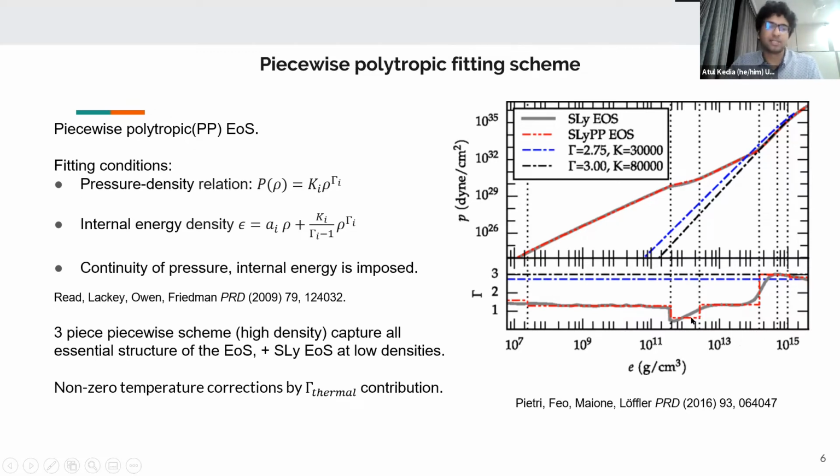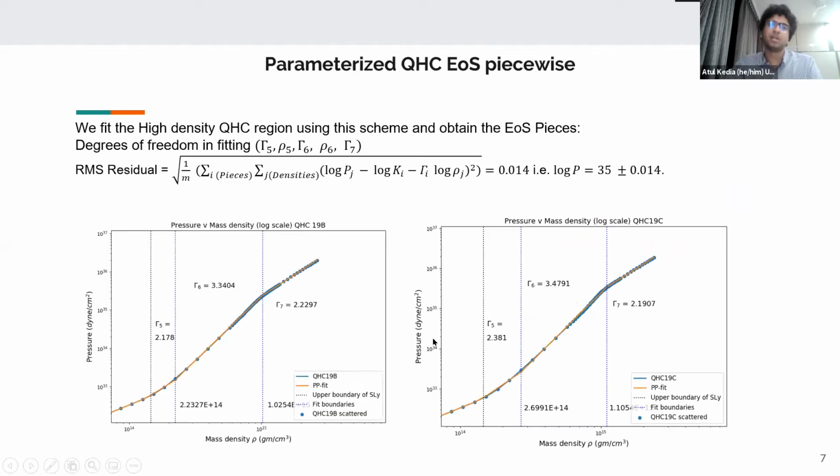For densities above that, we perform a three-piece piecewise fitting. So we fit that region with three pieces. And further, we also add the non-zero temperature contributions by a gamma thermal contribution.